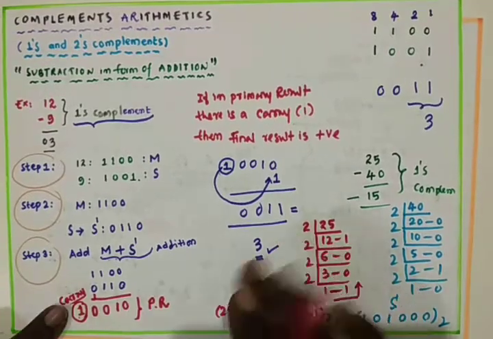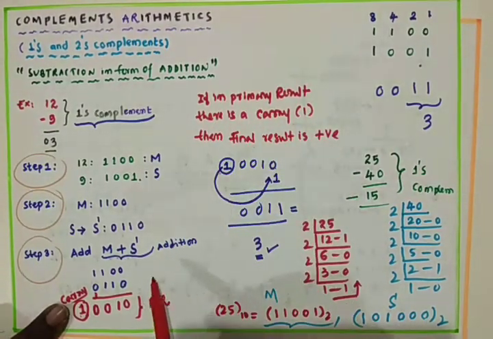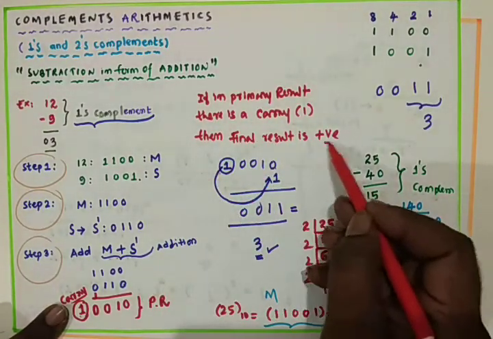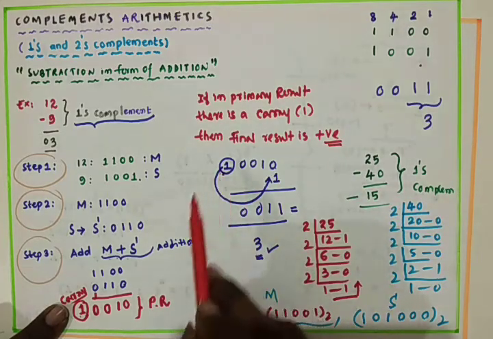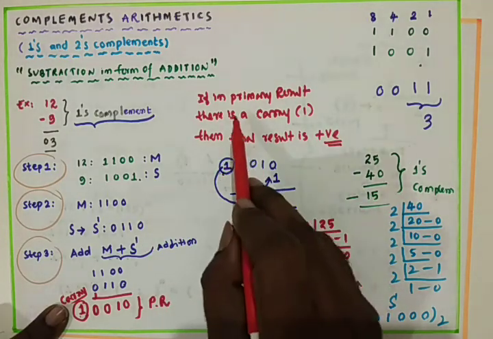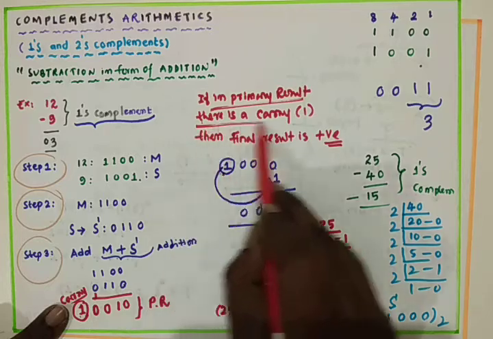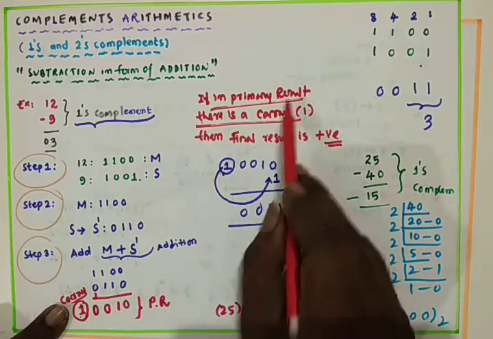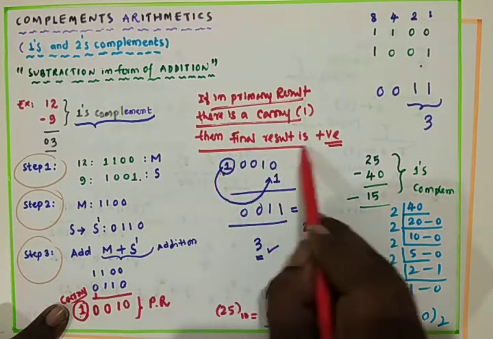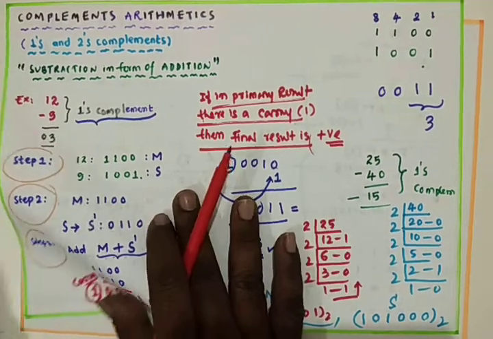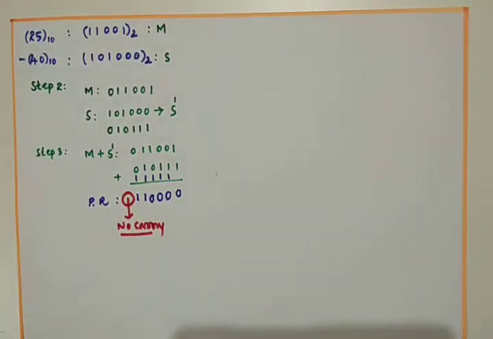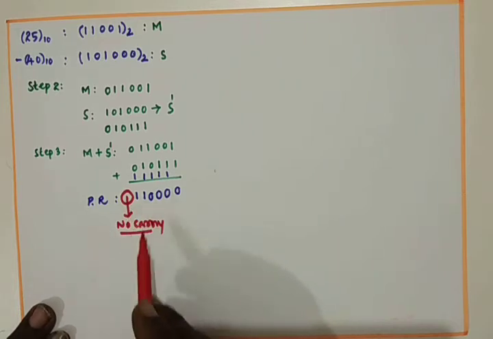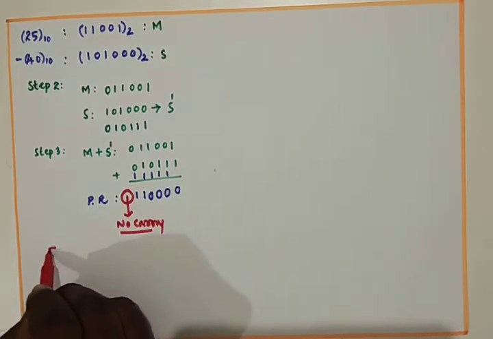If there is a carry in the primary result, the final result will be positive. But here there is no carry, so the final result will be negative.